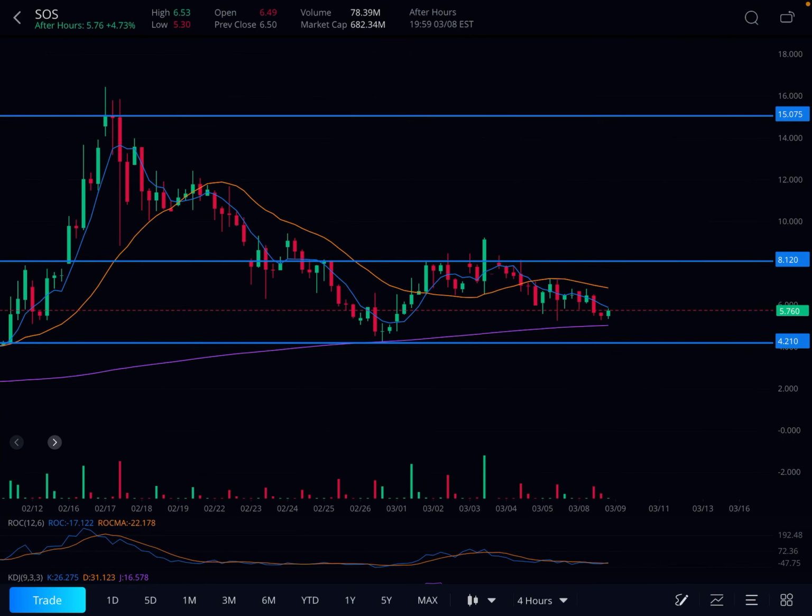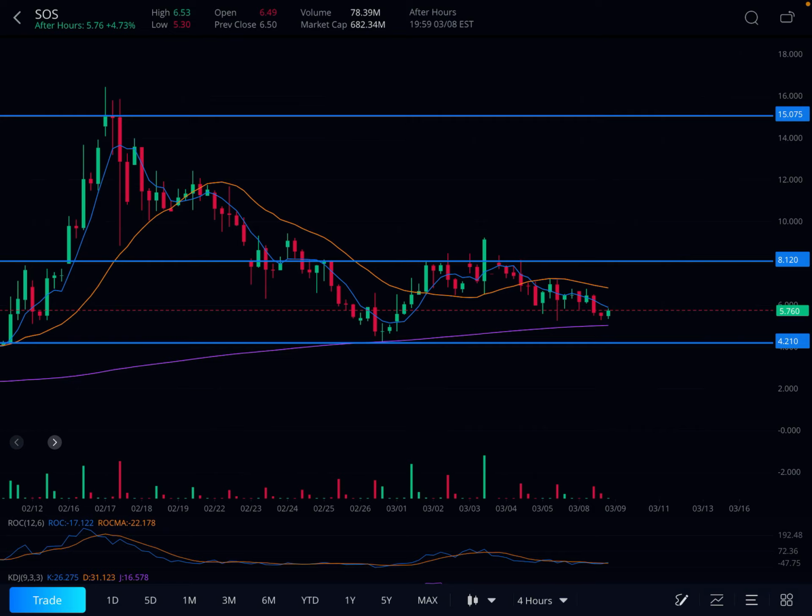Currently, the trend is looking bearish. If it hits 421, it will either reject it again, but if it goes below that, that means the stock price is looking to go even lower.